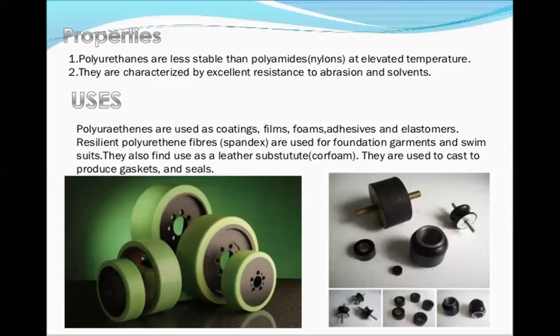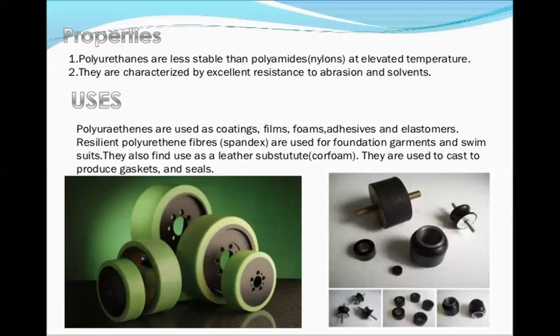And it is also used as a building insulation, and it is used in the refrigerators and the freezers, and it is used in making the furniture and the bedding articles, and it is also used in the footwear, automotives, coatings, and adhesives. Elastomers and the sealants also are used.